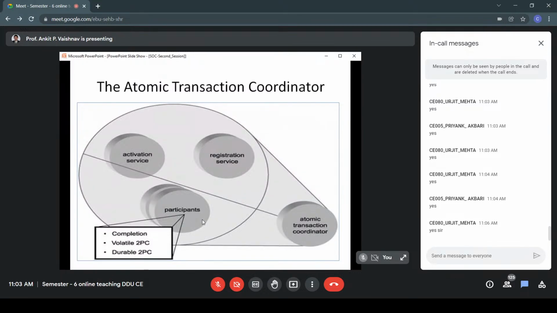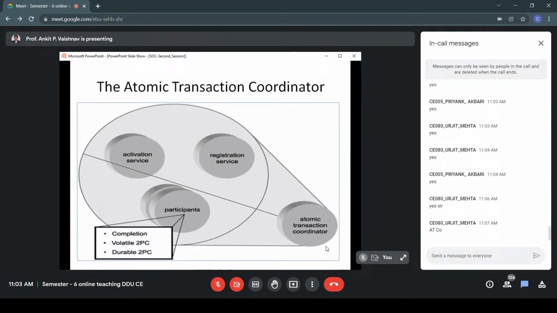Participants will be registering for a number of protocols, right? And who provides those protocols? Which service? Atomic transaction coordinator, or AT coordinator. You can also say that in short. Which service defines the rules?